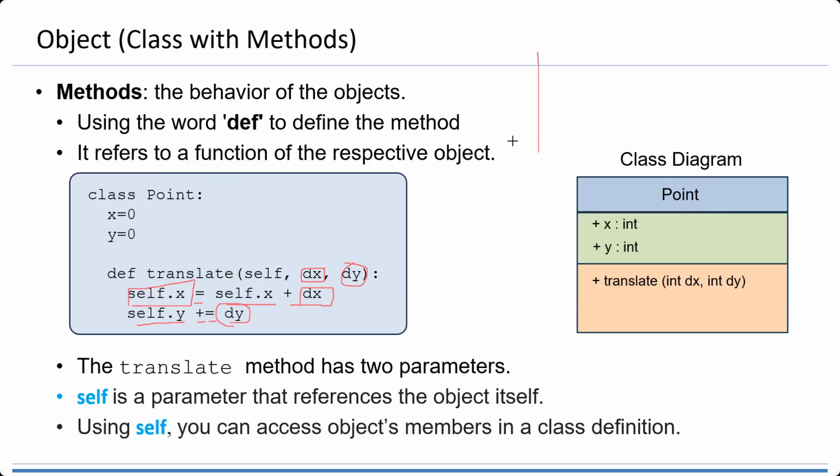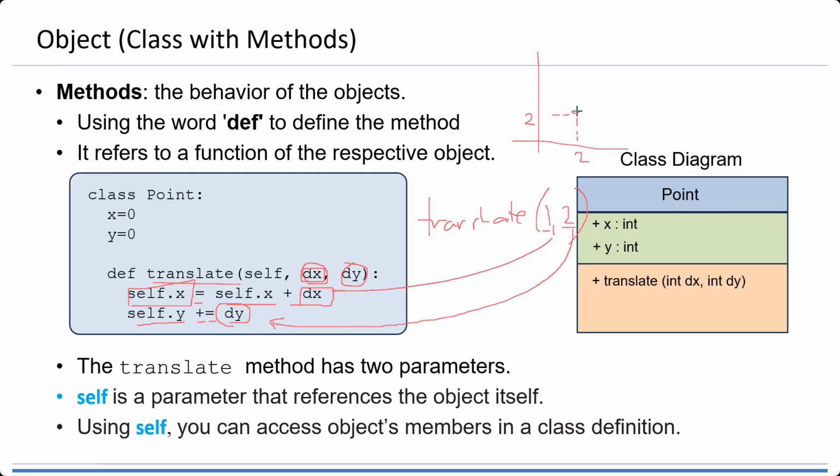If I have a point, let's suppose the point is (2, 2), and then I do translate(1, 2), 1 will be added into x because it is dx, and 2 will be added into y.